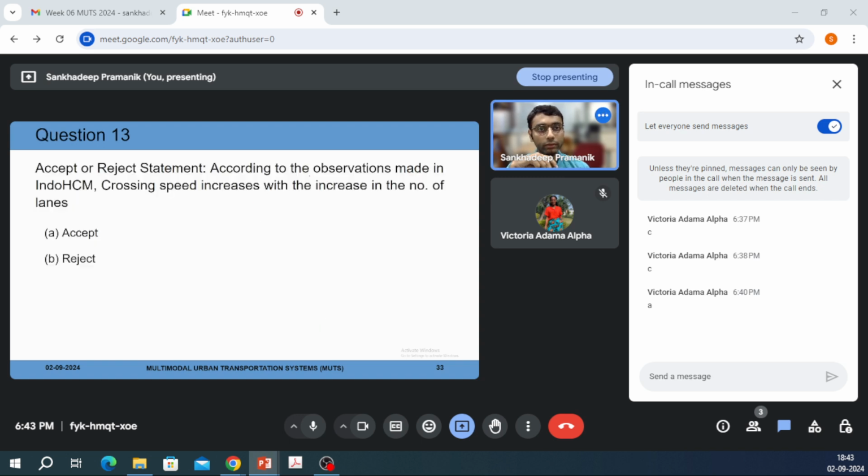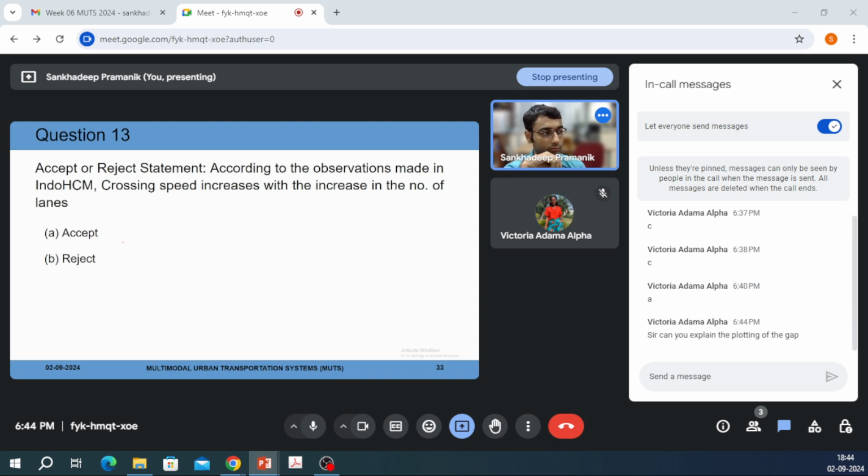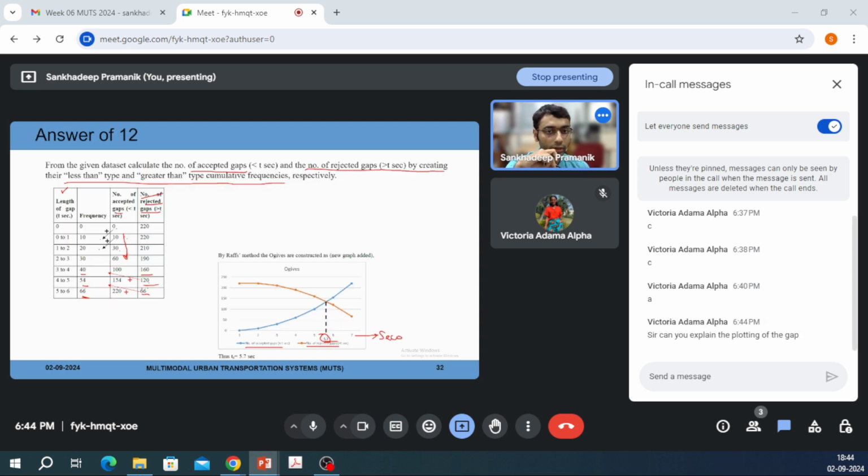Next is, according to the observation made in Indo-HCM, crossing speed increases with increase in the number of lanes. Okay, so these are the frequencies and we got the number of accepted gaps. For 0 it is 0, for 1 it will be 10.